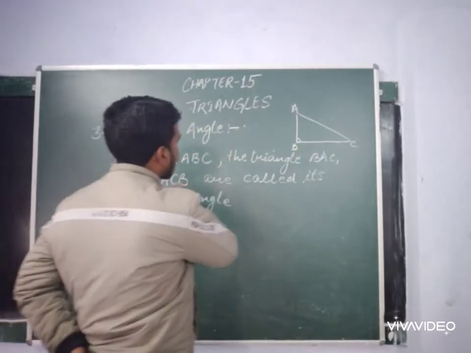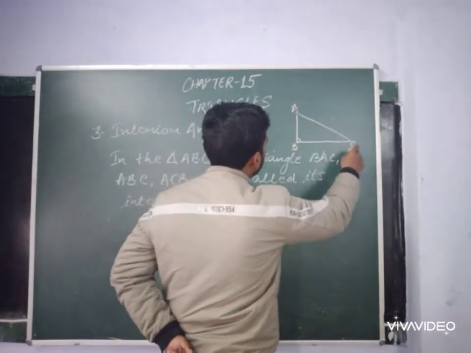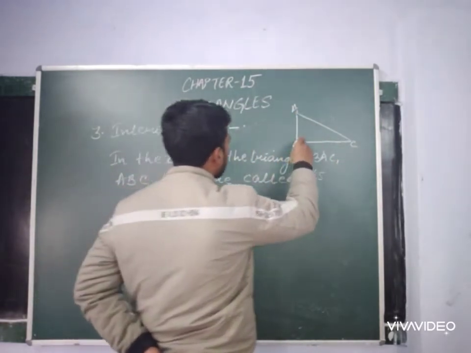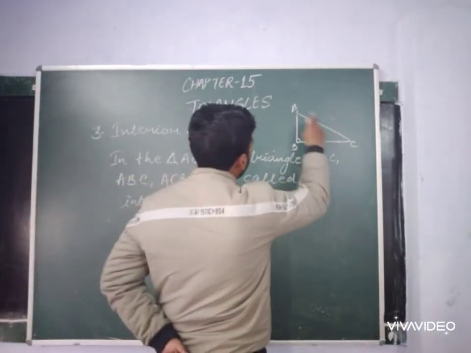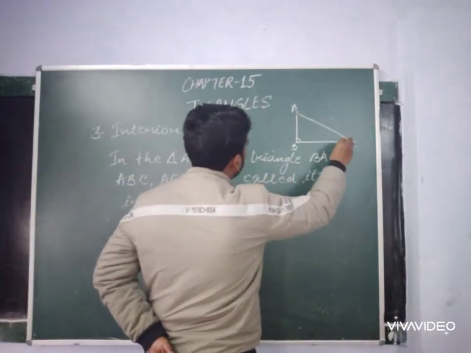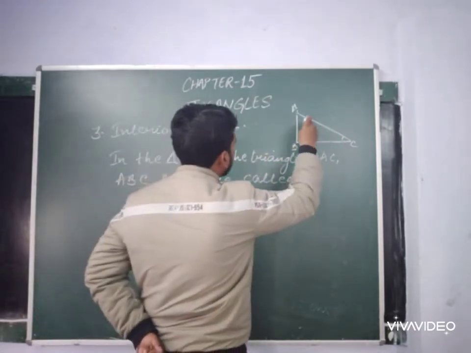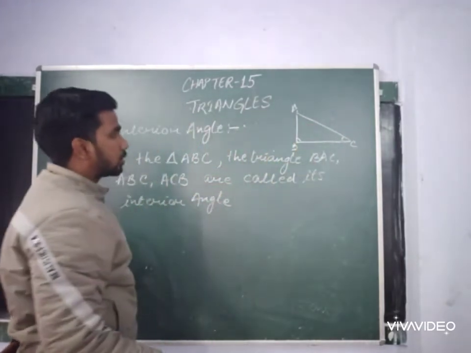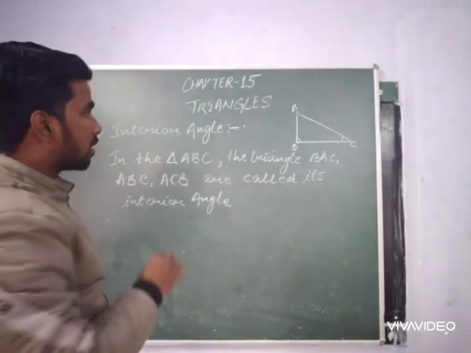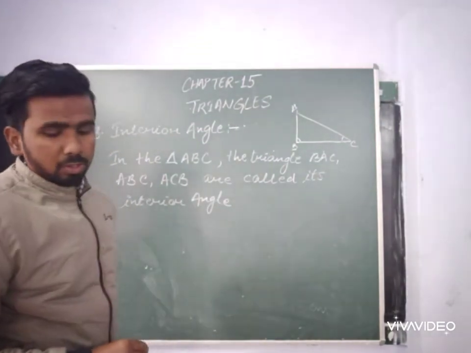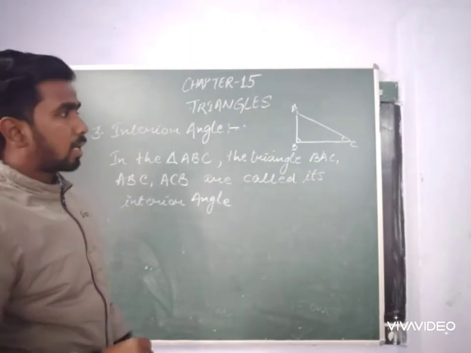And if we take angle ACB, then also it is coming inside, meaning all three angles are enclosed in this given figure. So this is called the interior angle.